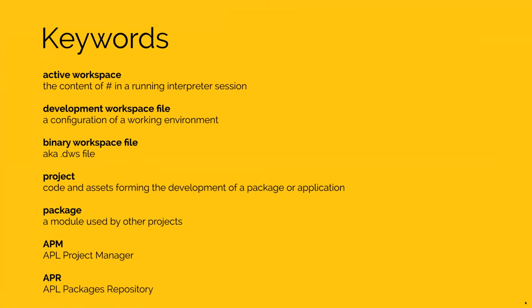Now, a project. I will show you what Acre Desktop does later on, but a project is essentially all the code and all the assets that you require for the development of your application. Or if you're developing a library, same thing there.